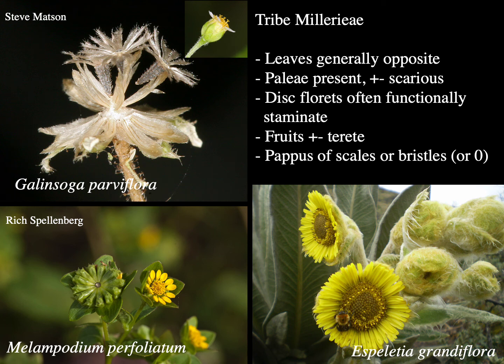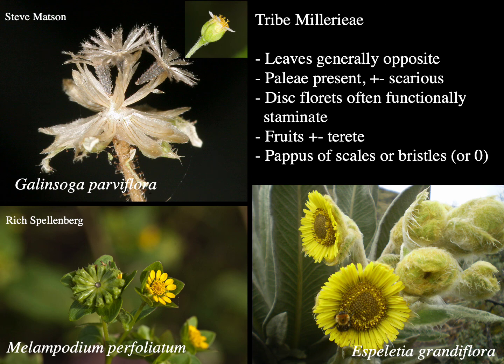And the fruits are more or less terete or round in cross-section, as you can see in the Sclerocarpus again in the upper left, rather than flattened as we saw in Coreopsids and often see in Heliantheae in the strict sense. The pappus, if it's present at all, is generally of scales or bristles, as you can see in the upper left again.